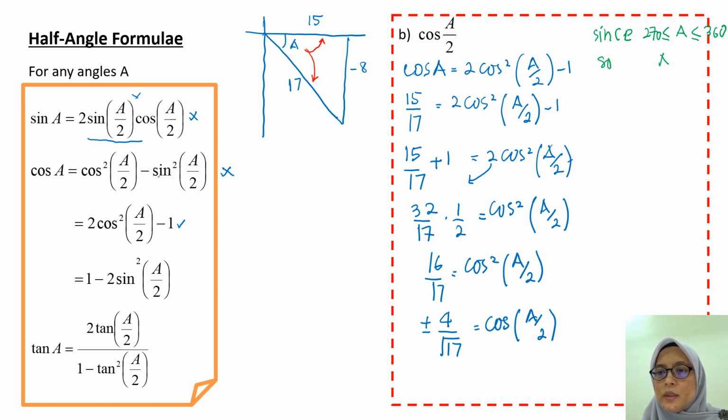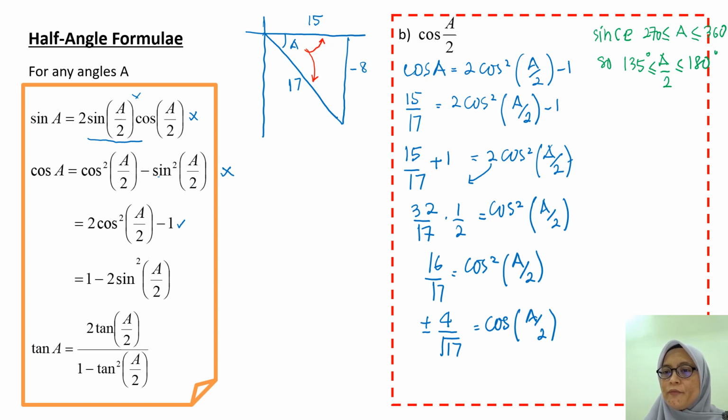For A over 2 we have to create a new interval. If we divide A by 2, the left and right sides are also divided by 2. So this is 135 until 180. So from there we have the interval for A over 2 as 135 to 180.